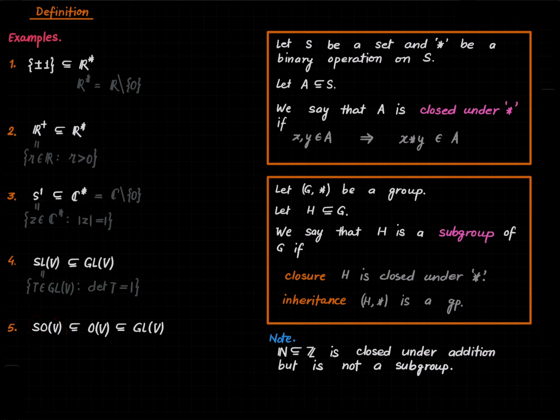So SOV is nothing but OV intersection SLV. We saw all this. So fine, so this is one list of examples. We will look at many more examples in the course of this module and in the course of this lecture series. But for now, I think this is a decent introduction. Okay, let's proceed.